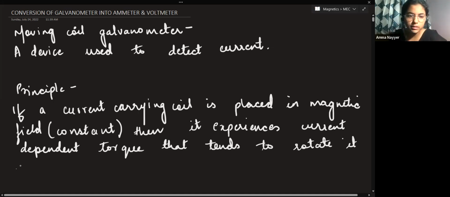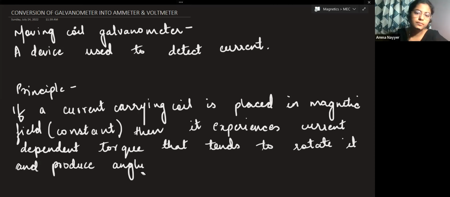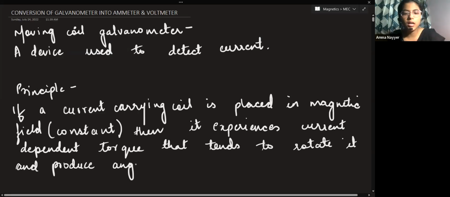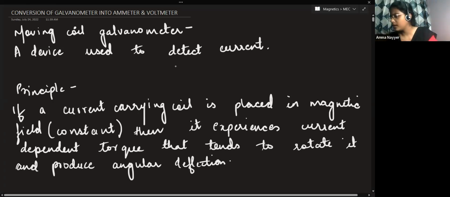Angular deflection means, deflection, you know, shifting, deflecting.